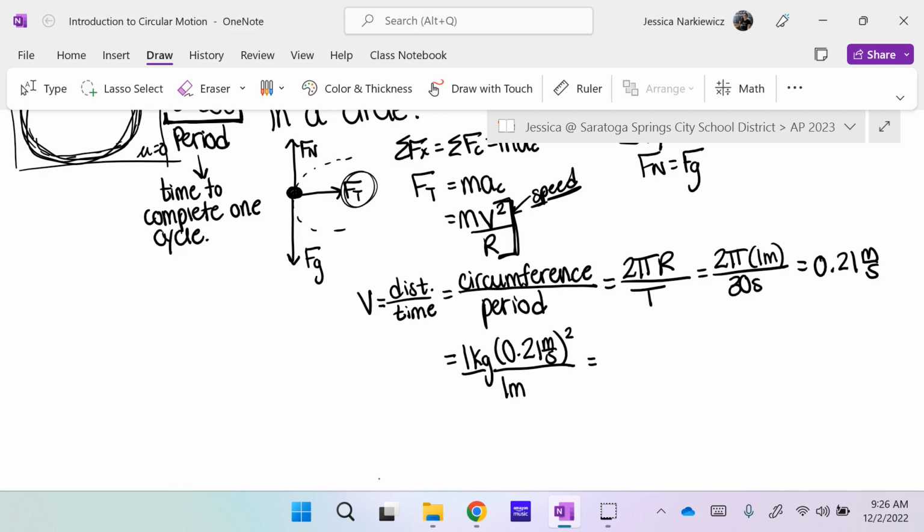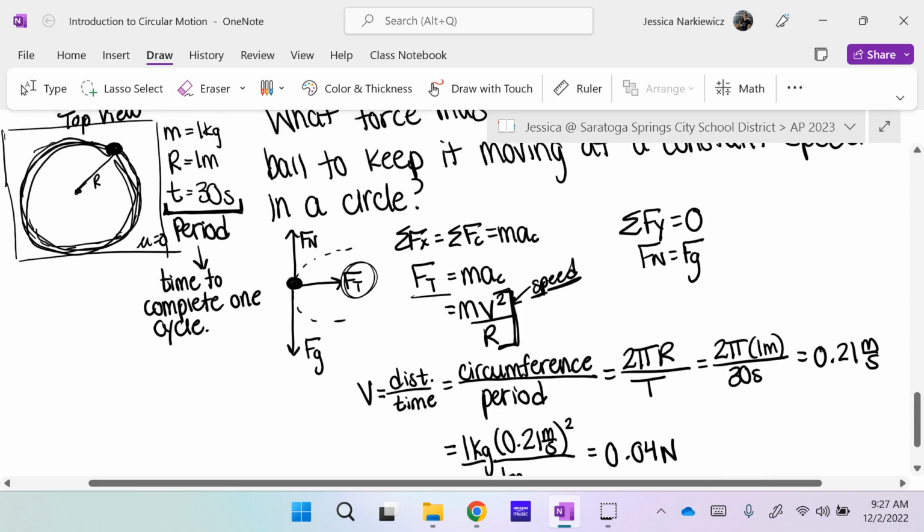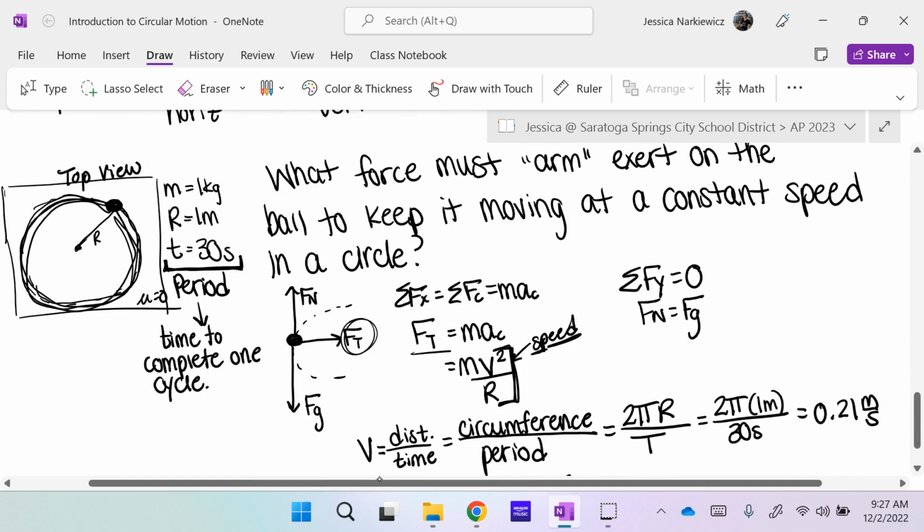So 0.21 squared gives me a force of 0.04 newtons. And it's still newtons, because we're still dealing with forces. So the units are still the same for everything that we're dealing with. So that's an example of how we deal with circular motion.